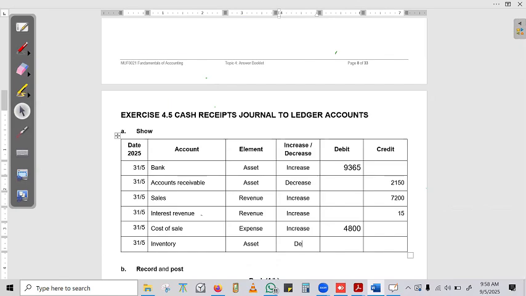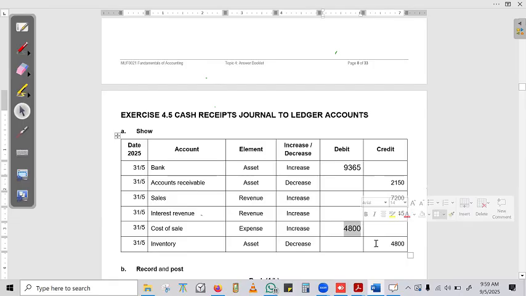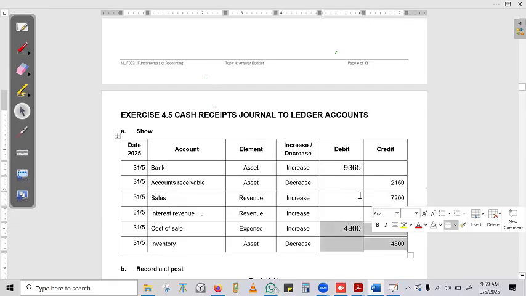We know that. So inventory decrease. Inventory decrease is credit. Asset decrease credit, and 4,800. So that's how we enter the sales journal, right? The bank value matches everything except cost of sales. Cost of sales we have to enter separately, right? So that's how we enter it.